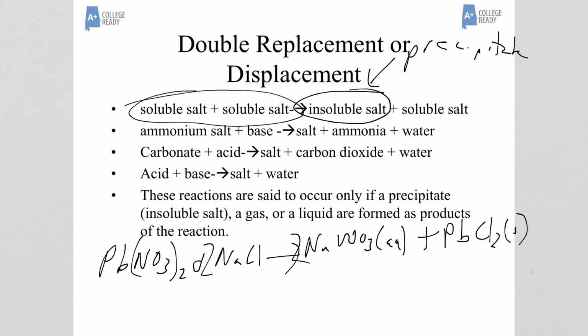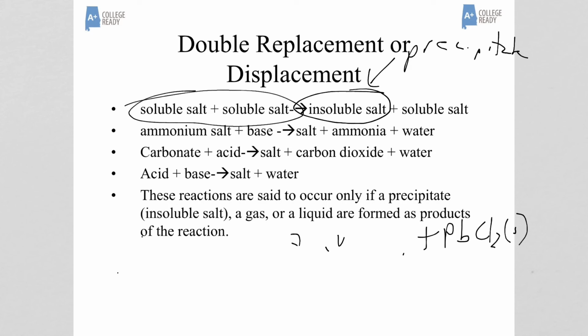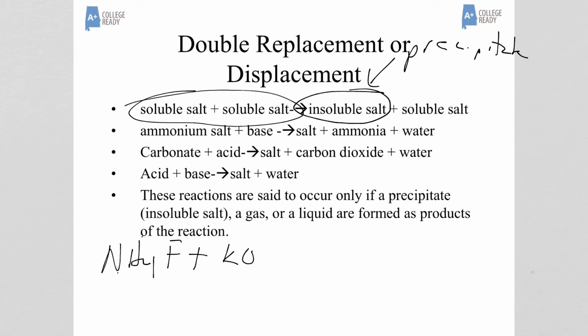Alright, so then we have ammonium salts plus a base. And those give us some weird compounds. So let's take an ammonium salt, NH4F, plus a base. Let's just say KOH. They're going to double replace.